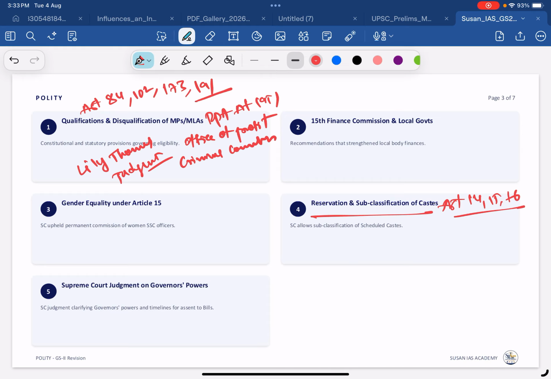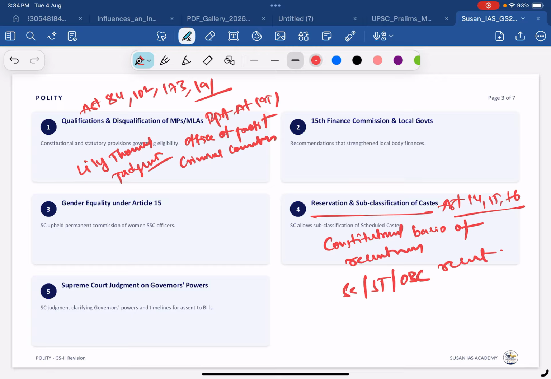And what is the constitutional basis of reservation, and the reservation of SC, ST, OBC, and subclassification within scheduled classes, right?